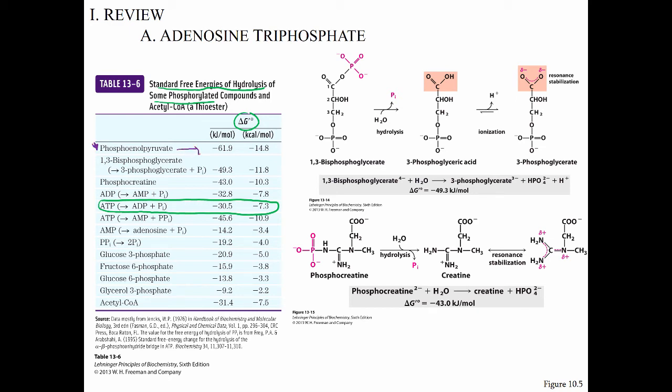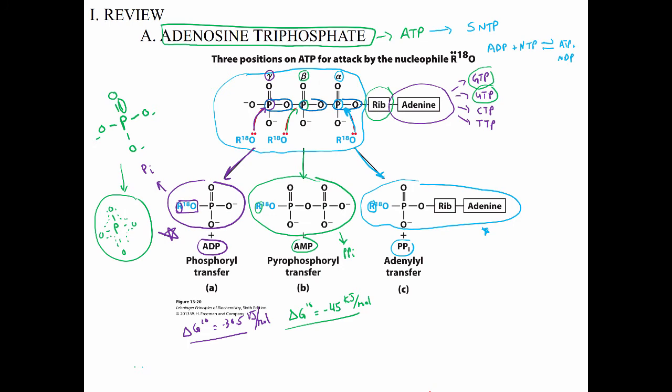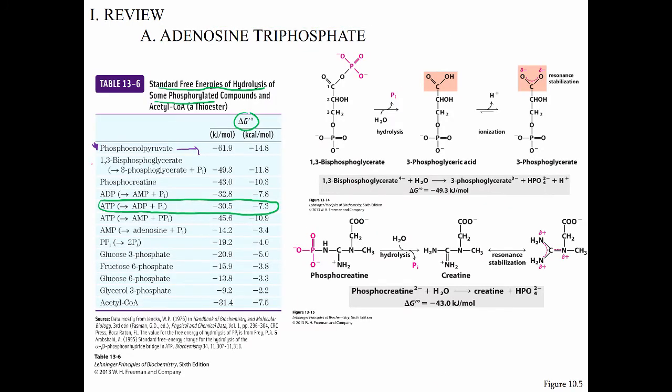It can be dephosphorylated and gives off about 61 kilojoules worth of energy. 1,3-bisphosphoglycerate gives off about 49 kilojoules of energy, and that reaction is actually shown here. 1,3-bisphosphoglycerate goes through this intermediate and undergoes ionization to 3-phosphoglycerate. That yields 49 kilojoules of energy at standard conditions.